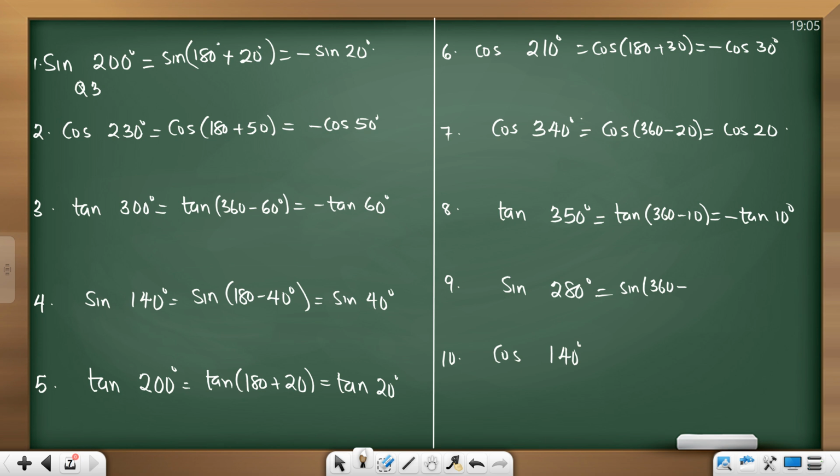It just went off my head. 80. And that would be negative sine 80. And cos 140, I'm in the second quadrant, and it's going to be negative.